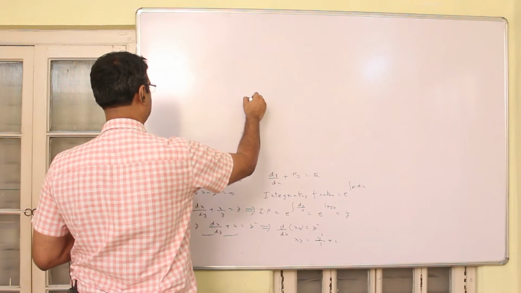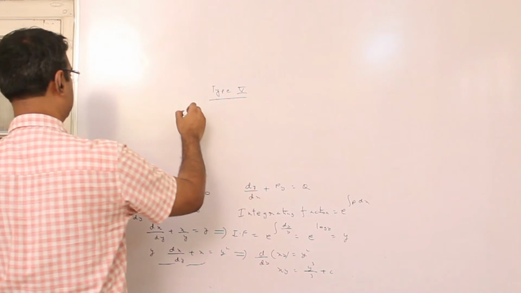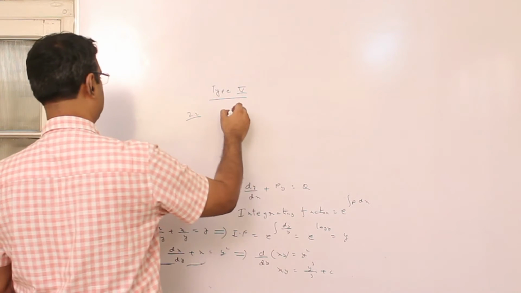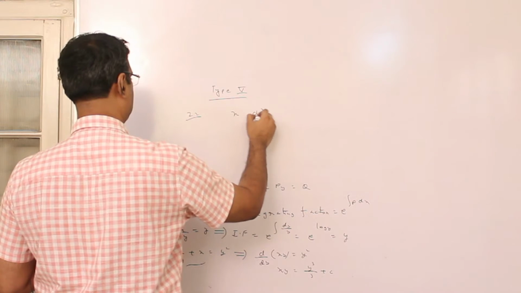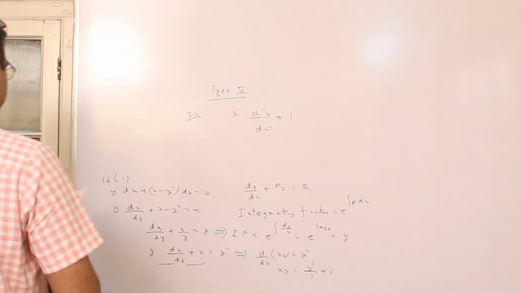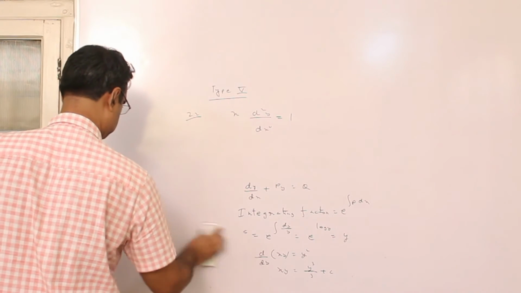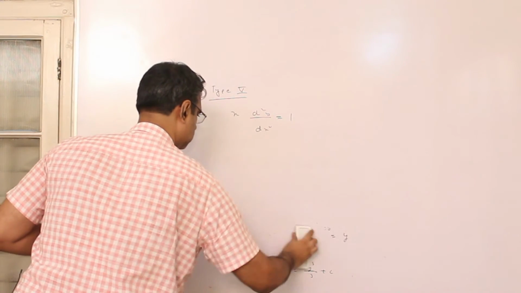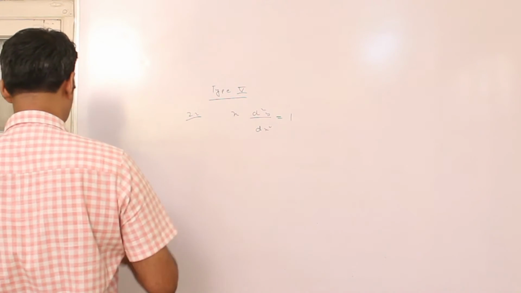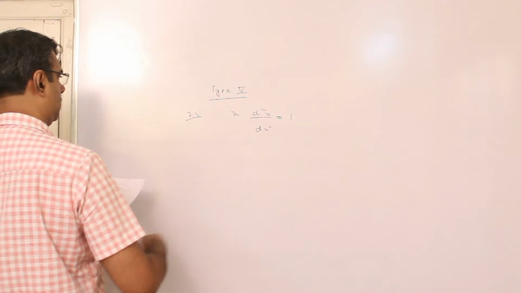Now we come to type 5. Now in type 5, you will be given sums with second order derivative which have to be integrated twice. Suppose you are doing the 22nd sum: x into d2y by dx square is equal to 1.